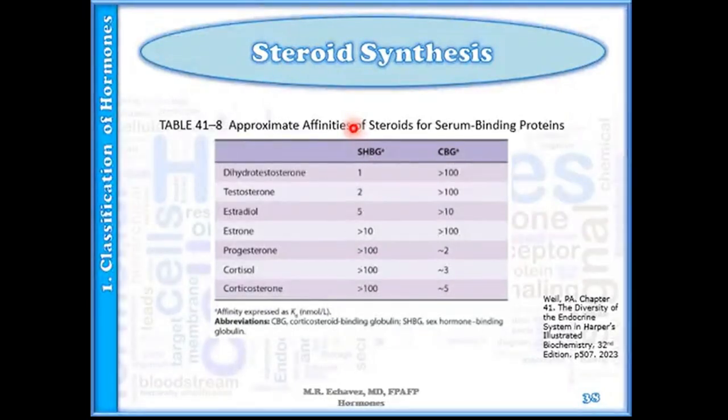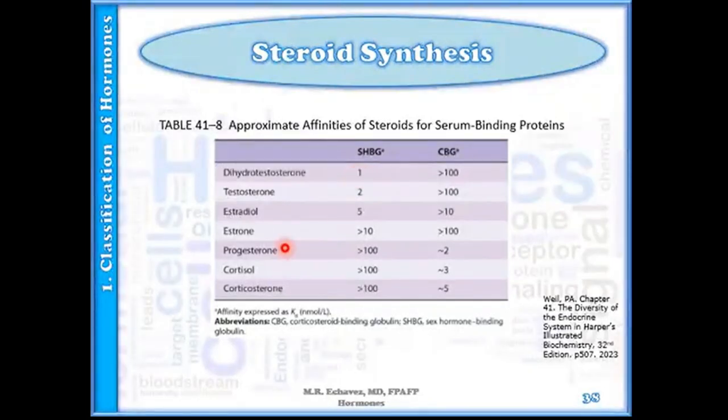Therefore, we can say that the primary function of your SHBG may be to restrict the free concentration of testosterone in the serum. Testosterone binds to SHBG with higher affinity than your estradiol. So if there is a change in the level of your SHBG, it causes a greater change in the free testosterone level than in your free estradiol level.